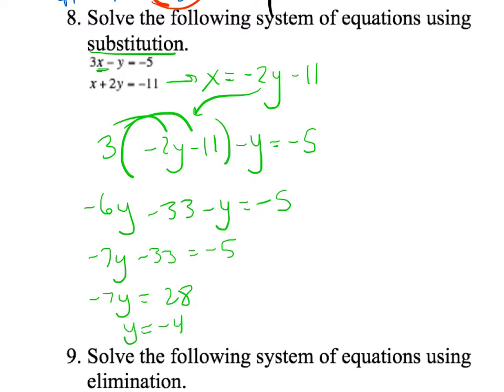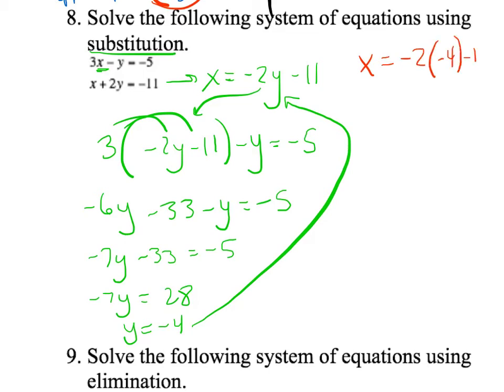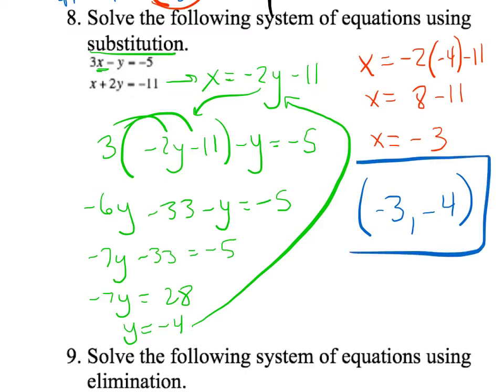Once you get y, you're going to go back up and put that in here. So x equals negative 2 times negative 4 minus 11. x is 8 minus 11, which is negative 3. So your final answer here is negative 3, negative 4.